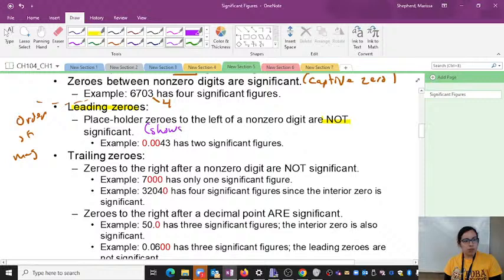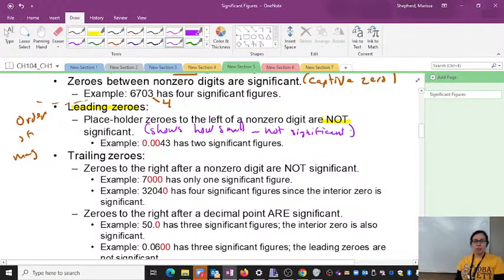So that would be not significant. In 0.0043, those zeros are just telling us how small that number is. And so the 4 and the 3 are the only 2 significant figures. So that only has 2 sig figs.